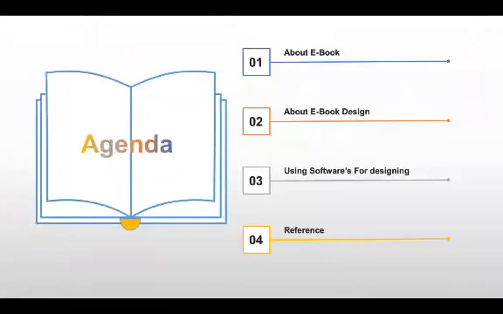Our agenda is 1, 2, 3, 4. We will start the discussion with the ebook, what is an ebook, and how it can transform. Then we will discuss ebook design, and in the end we will take some very interesting and easy software for designing an ebook.